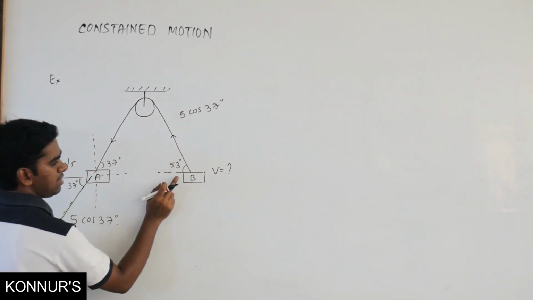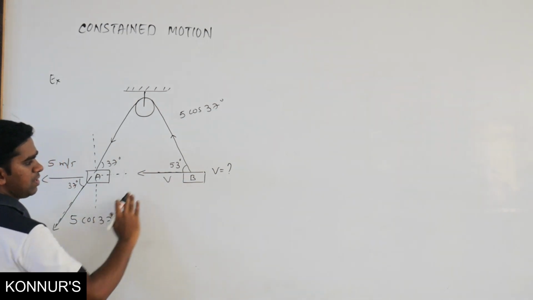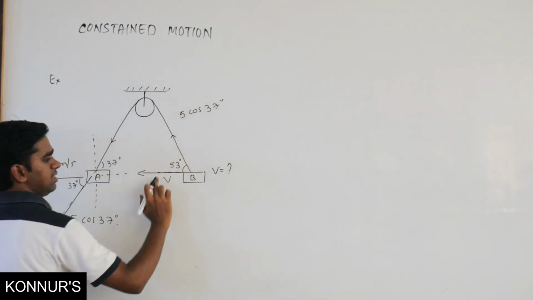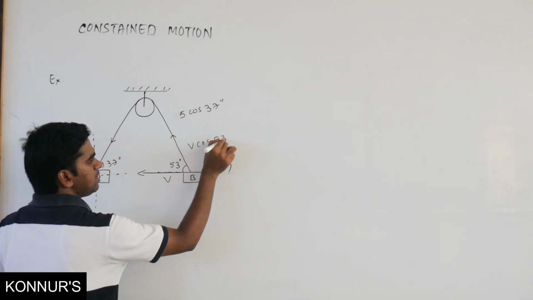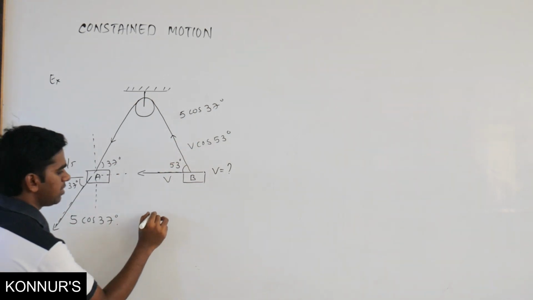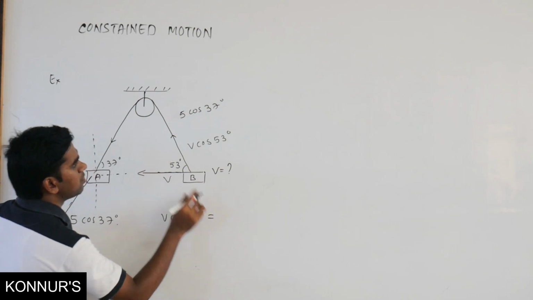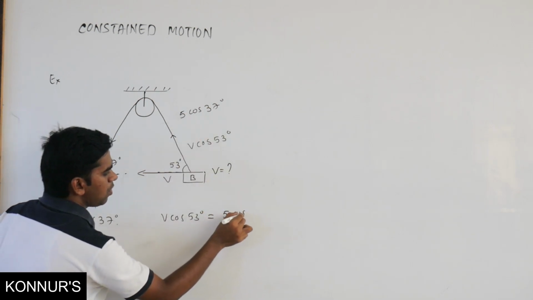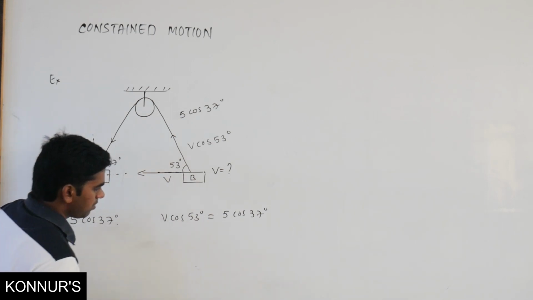Now you want to calculate the velocity V. You can take it as V. What is its component in this direction? Its component in this direction is V cos 53 degree. Both are the same component, so we can equate them. V cos 53 degree equals 5 cos 37 degree. Okay, so what will happen?